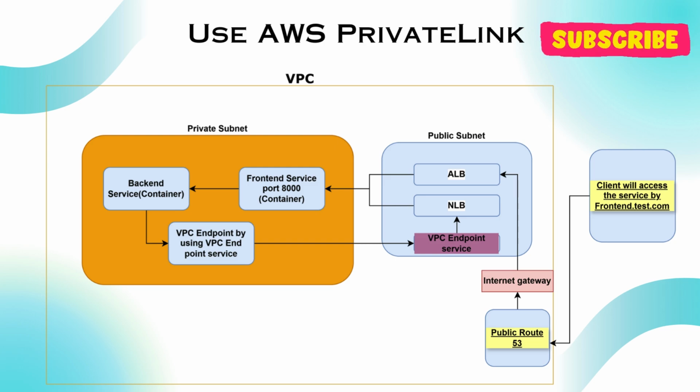Once you get it, you take that service and create one VPC endpoint in your private subnet. Once you create a VPC endpoint, it will give you a clear VPC endpoint URL. It will be resolvable within your VPC. It won't be exposed outside of your public network. You can use those endpoints to communicate to the front-end service.